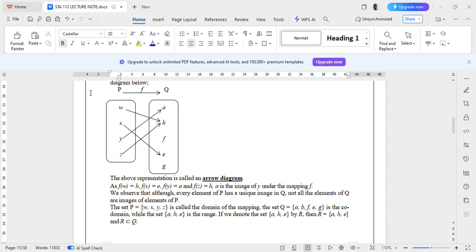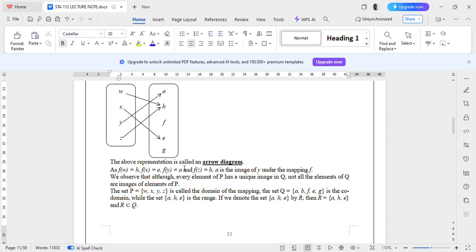So you can see that the two elements, minus 1 and plus 1, are not the same, but they produce the same image, 2. Similar thing happens here. It is possible that W and Z have the same image H, just as minus 1 and plus 1 produce the same image in the function shown earlier.